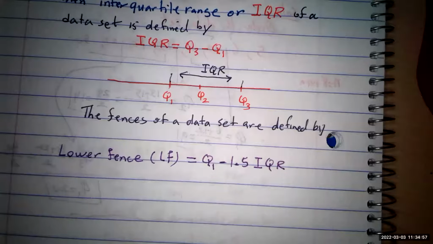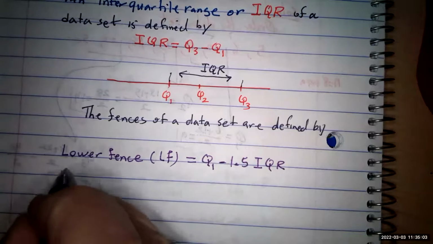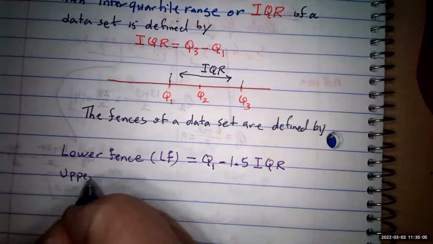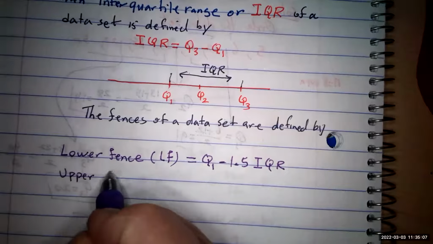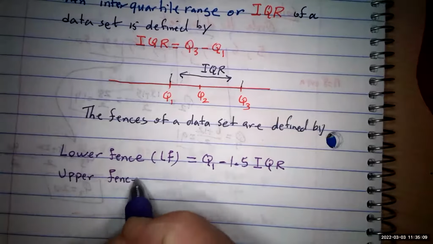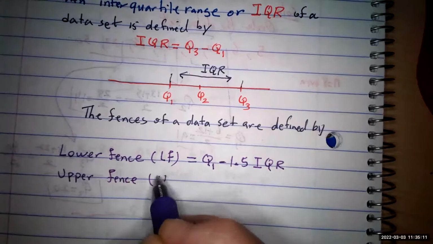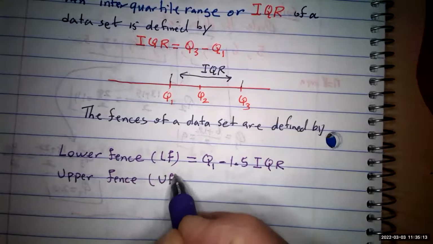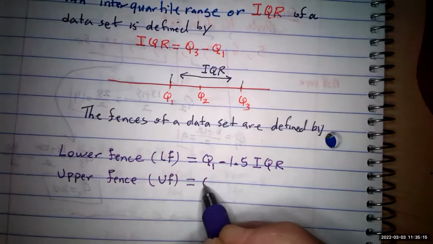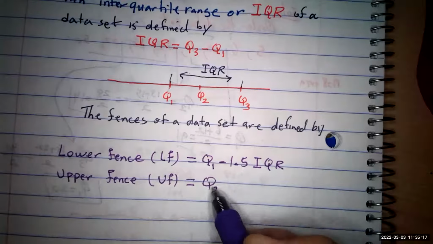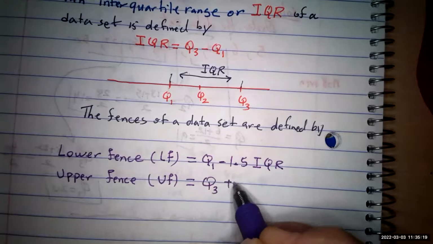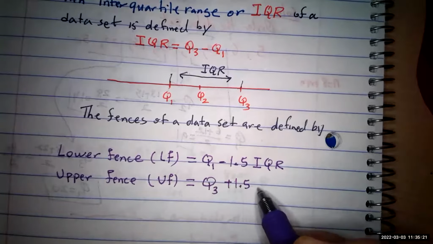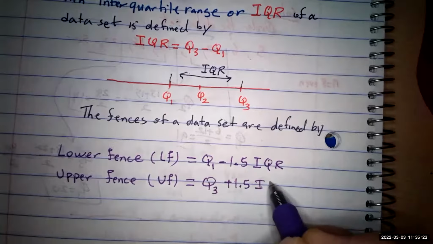This is a kind of lower bound for the interval for the values. And there's going to be an upper one, the upper fence, denoted by UF. And this is going to be Q3 plus 1.5 IQR.